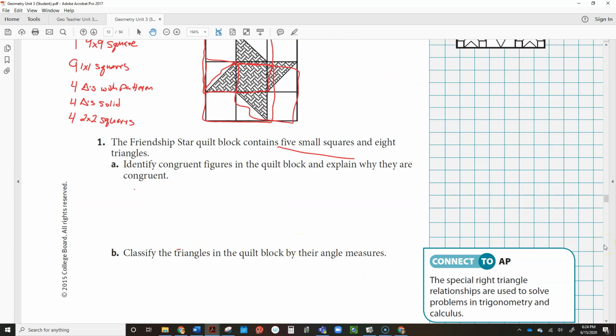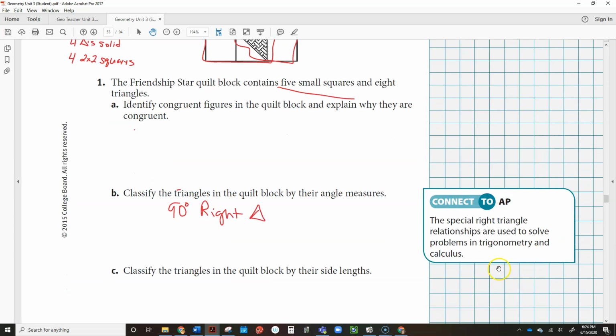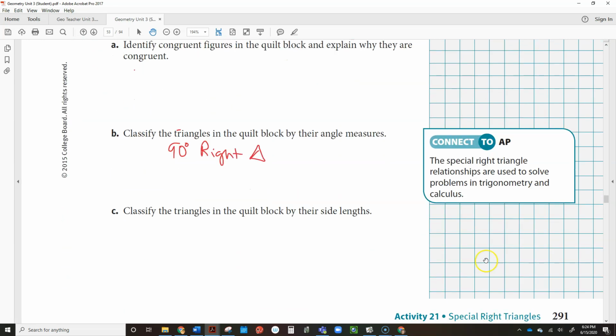So what do they have? They have a 90-degree angle because there's that angle right there that's part of the square. That's a 90-degree angle, so we know that it's a right triangle. And the other 2 angles, I think that's going to be a question coming up.